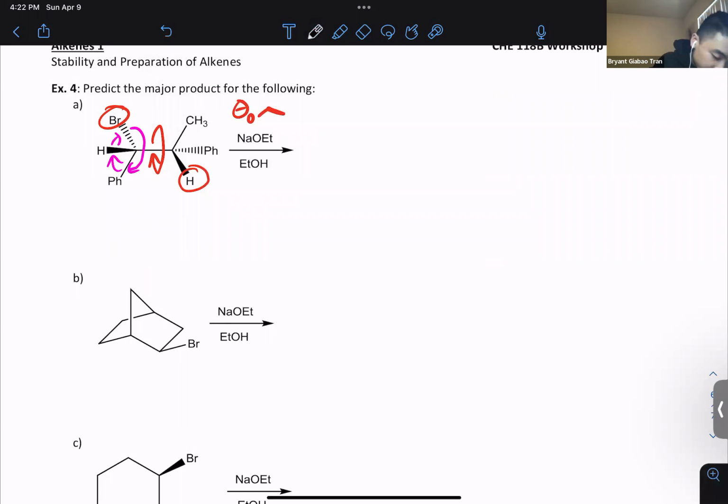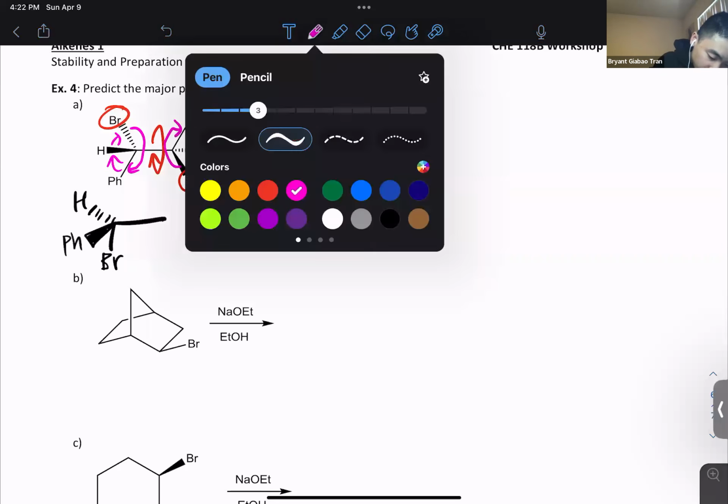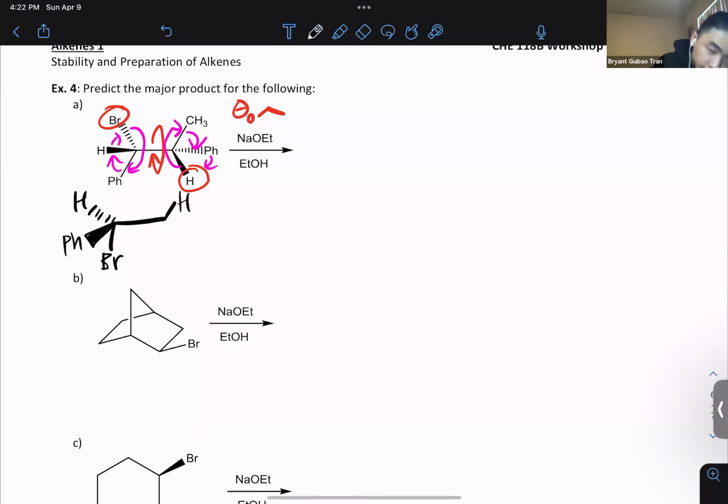So once I rotated that, we have a dashed hydrogen here, then we have a wedged phenyl group here, and then we have a planar bromine there. Now we're going to rotate this hydrogen to the planar side, moving this methyl group to the dash position, and then this phenyl group to the wedge position. So then we have this hydrogen on the planar position, then we have this methyl group on the dash position, and then the phenyl group on the wedge position here.